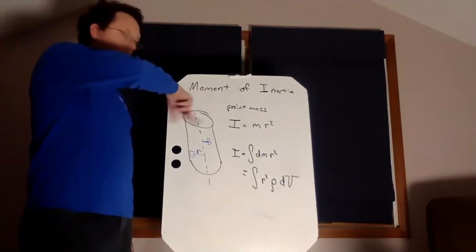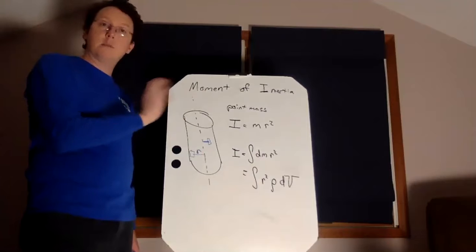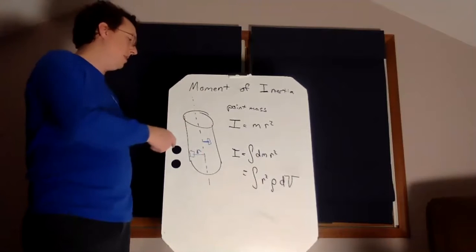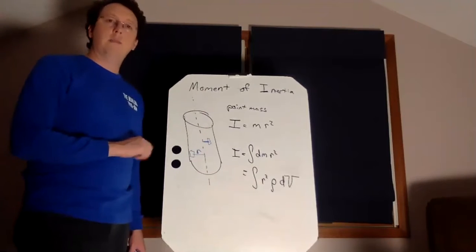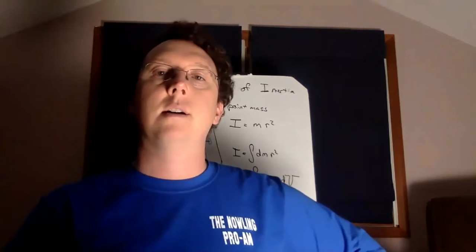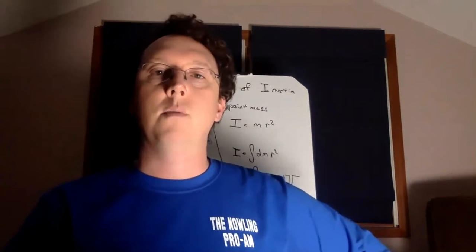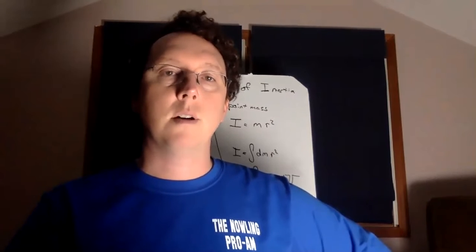So what's going to happen is we're going to have these objects spinning around some axis caused by some torque or twist, and I is going to be an important quantity for characterizing how things actually move. So I'm going to change screens now so you can see a list of these moments of inertia, so that when we get to it here in a video or two, you're not too surprised.